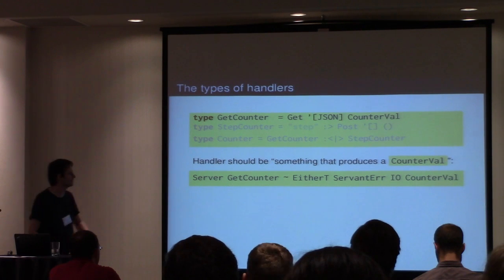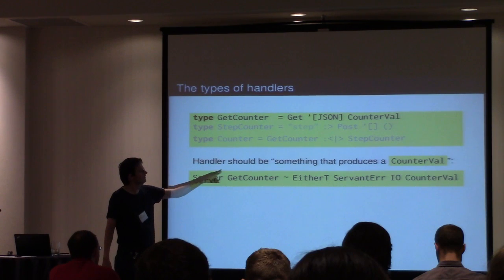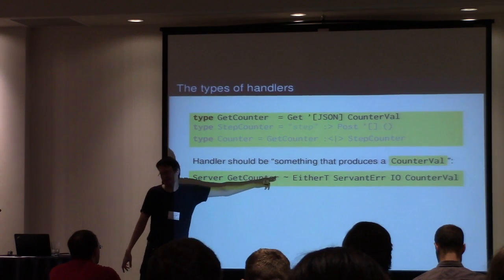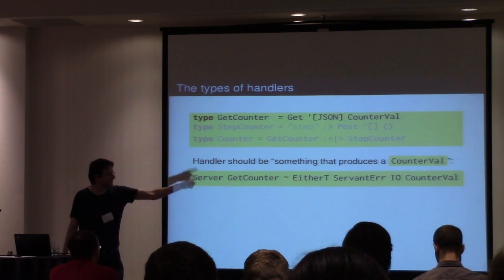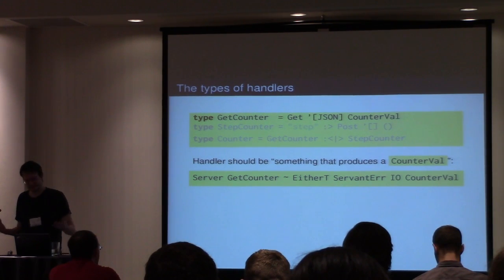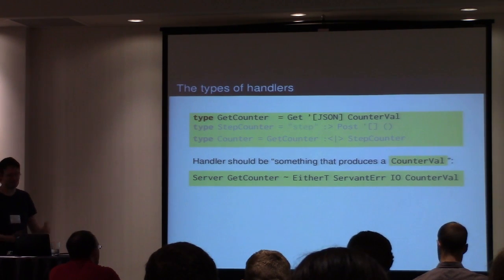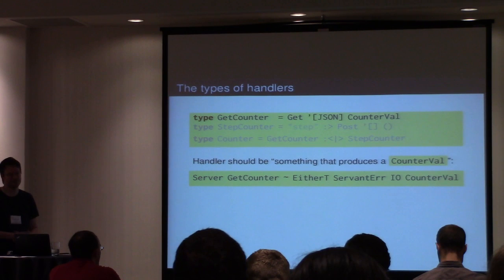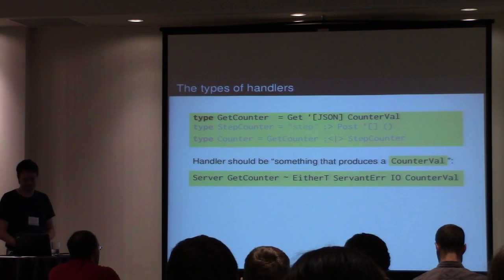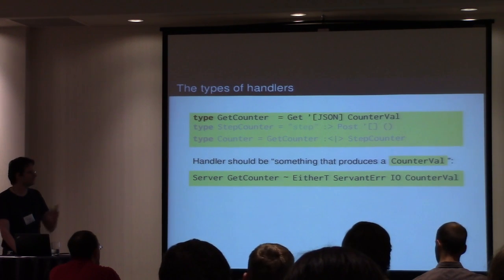The type level function is called server, and that takes a type such as the get counter type and expands it. So this is GHC's notation for type level equality to something like this, which essentially just says it's a counterval. But on the way to produce a counterval, you can also do I/O, and you can also throw an error, a Servant-specific error. But if we don't want to use that functionality, we can just assume that we want to produce a counterval.